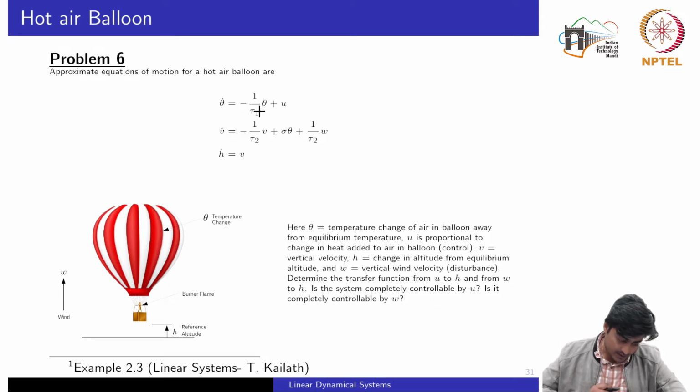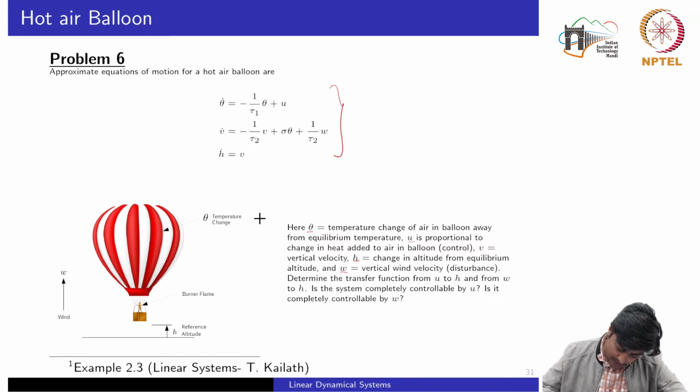Problem 6 is a hot air balloon where the approximate equations of motion are given. This problem is taken from the book on linear systems by Chen, which is example 2.3. These equations are the linearized equations around some operating conditions. Theta, u, h and w have some physical significance.